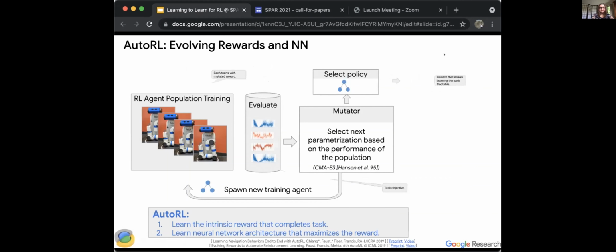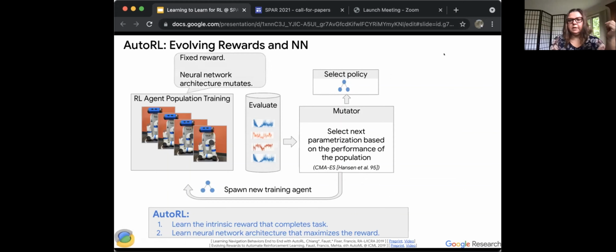And there comes the second loop, where we know our reward weights and basically have learned the best reward that completes that task. The second one is now, let's do this with the neural network architecture. We can vary the number of layers and the widths within that fixed reward.